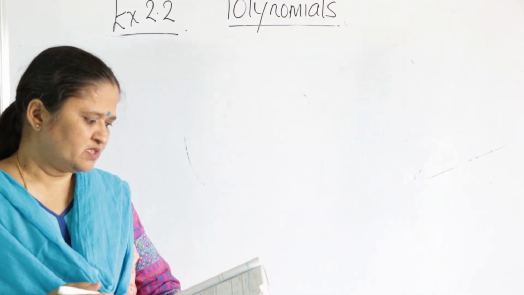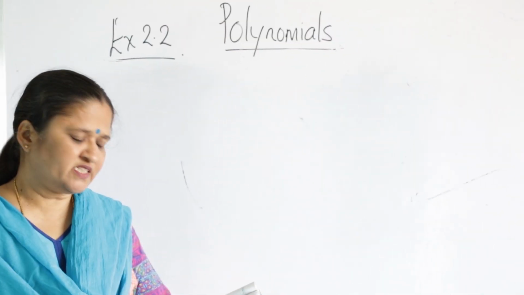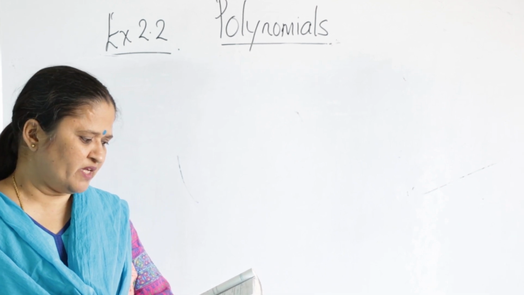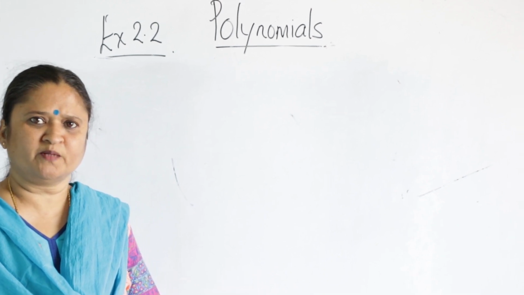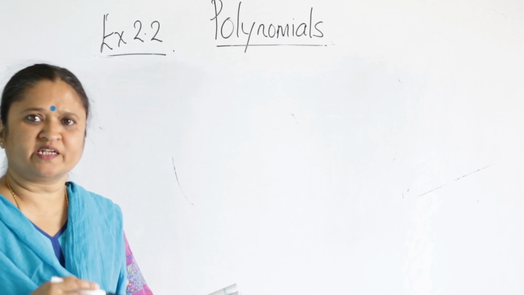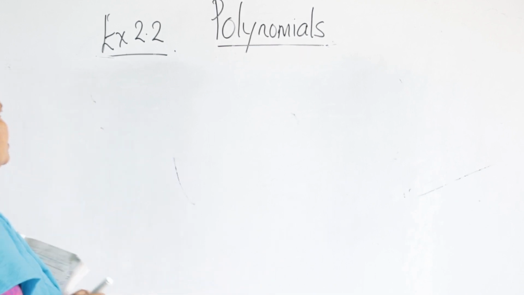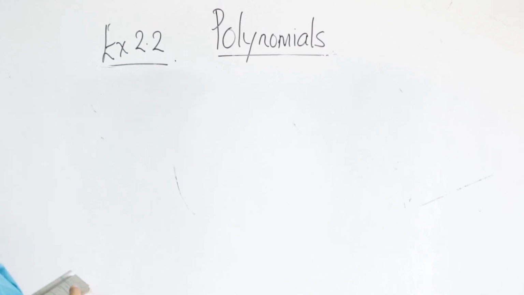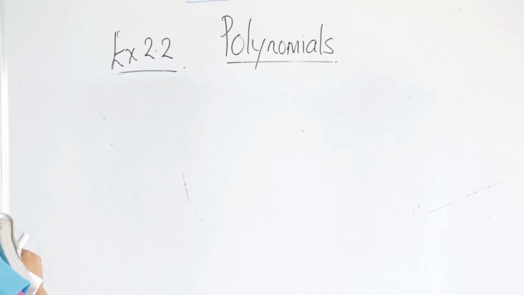Let's solve second main of exercise 2.2. In this main, you are supposed to find the quadratic polynomial whose sum and the product are given. Okay. So, I will give you a trick to solve this problem.